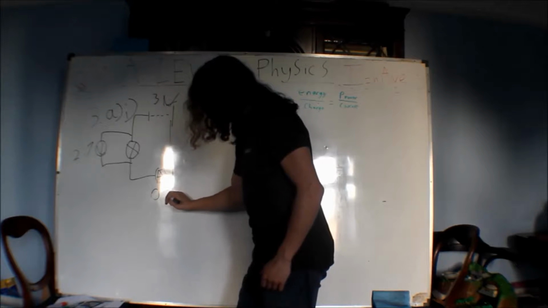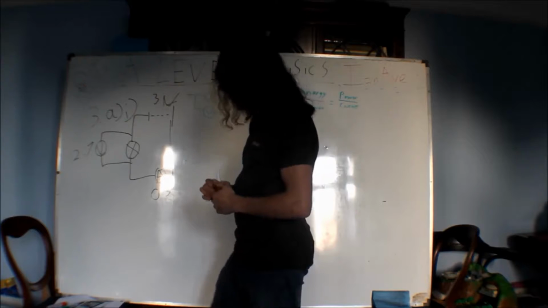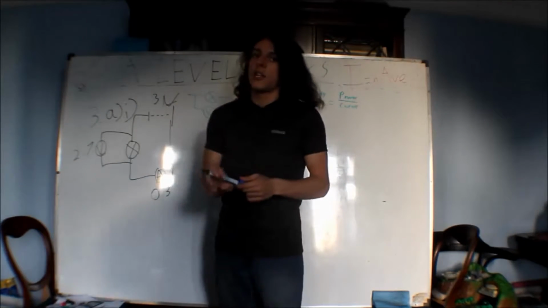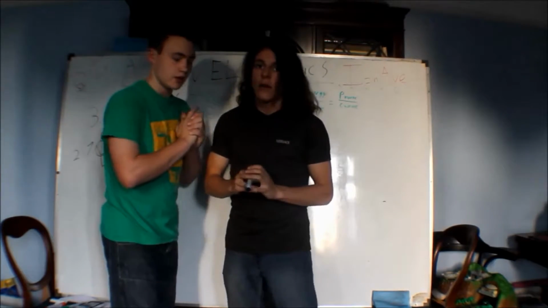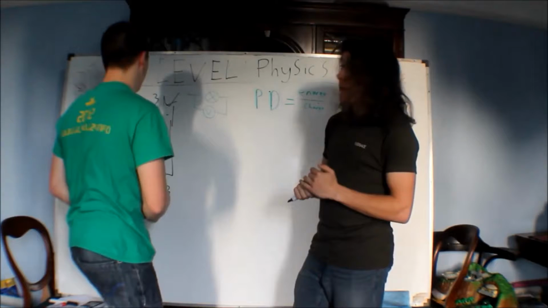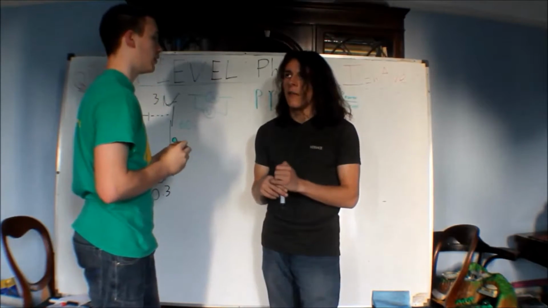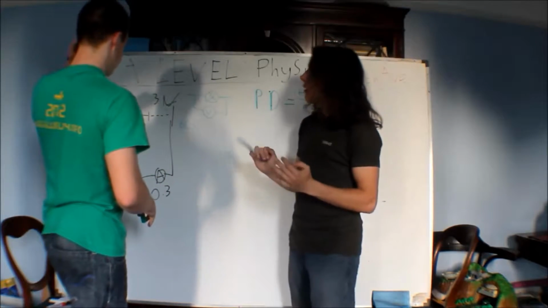Part 1 says calculate how much energy is converted in 1 minute, which is 60 seconds, from chemical form to electrical form. So you want energy made in a minute. We should use 60 seconds, since the standard unit is seconds. You need to keep everything in that, otherwise we get very strange results. We need to use our original equation.